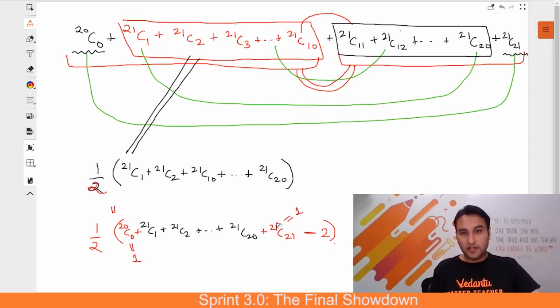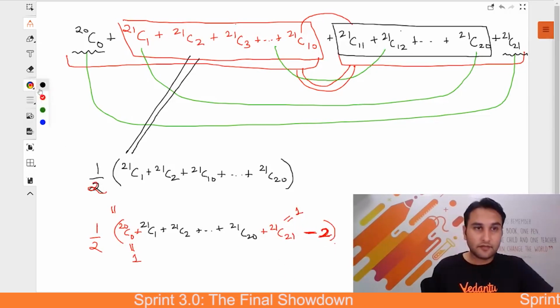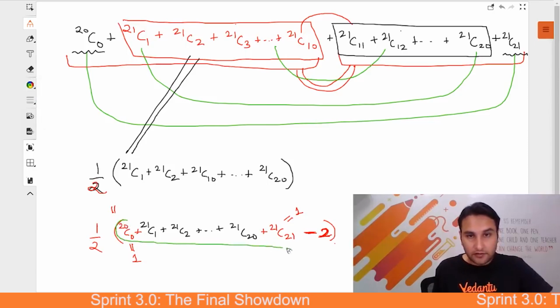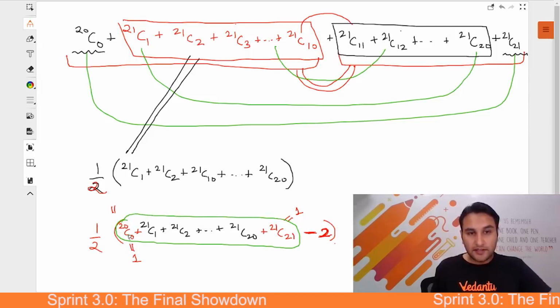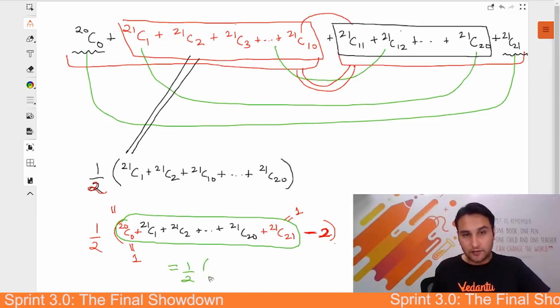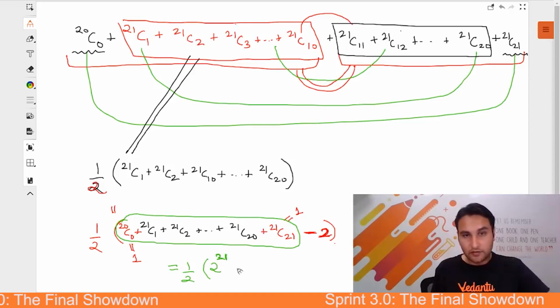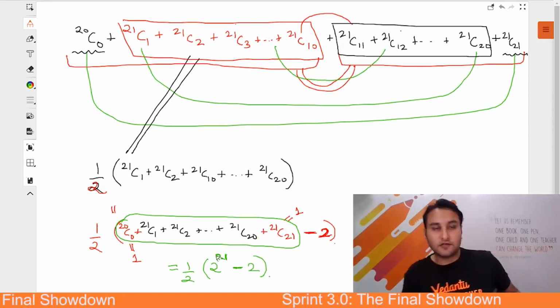NC0 is 1 and NCN is also 1. So I added these two terms, so I subtracted these two as well. But now this entire thing becomes your formula. What is the formula? NC0 से लेके NCN. This becomes half times 2 raised to power n. What is n? 21 minus 2. Right? So this thing is very, very important.